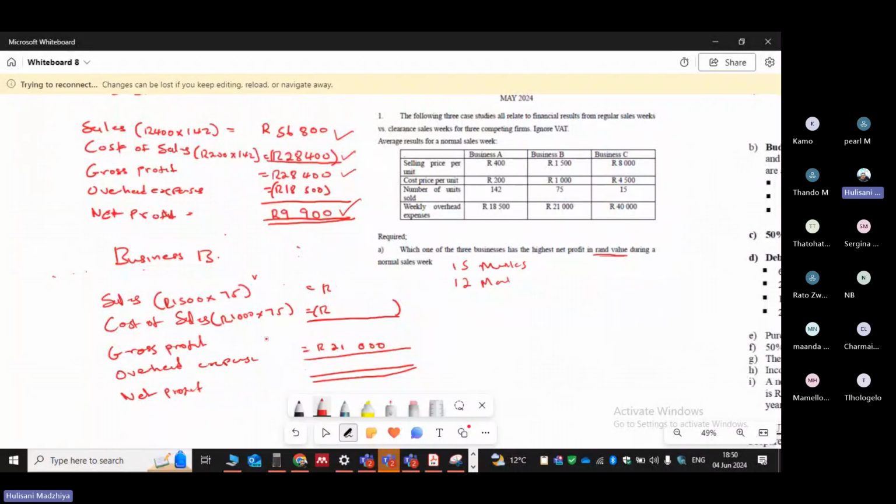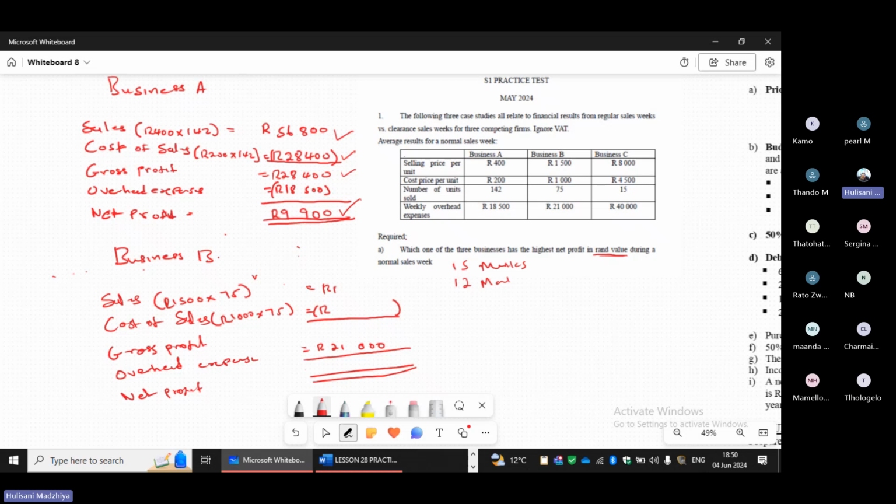I think my laptop has just jammed a bit. Okay, 11,500. So I'll just reconfirm this figure as well.